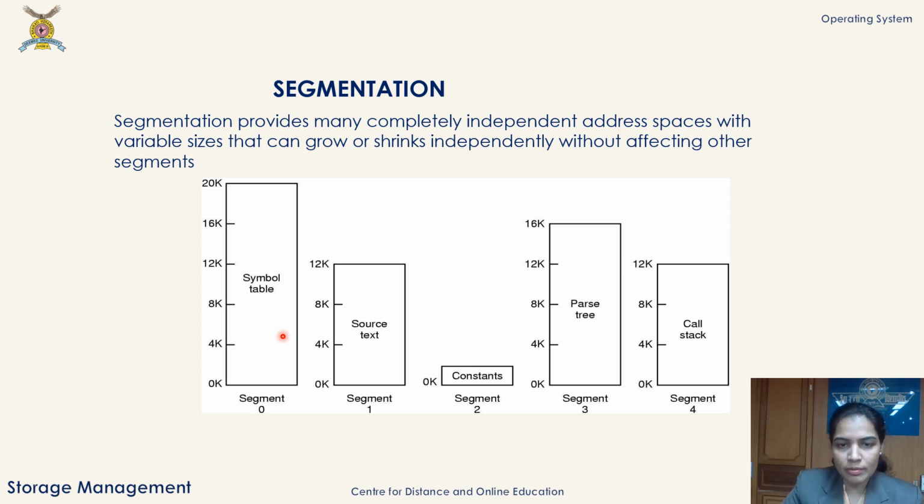This is a positive part of segmentation. Every segment address generated will start with 0 and end at the maximum size of the segment. Each segment address generated will have two parts. One is the segment number and the second part is the address within the segment.